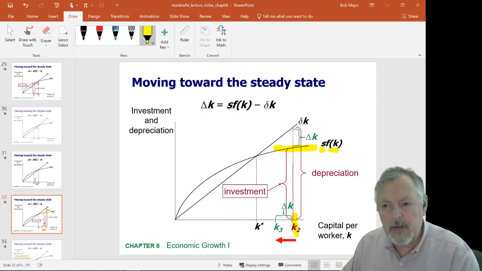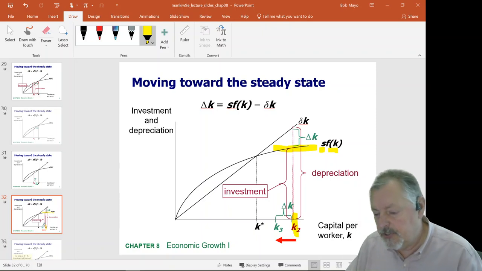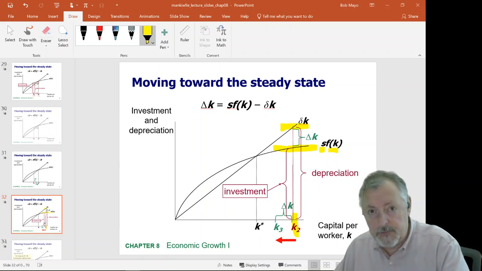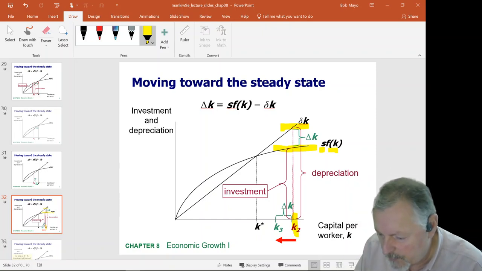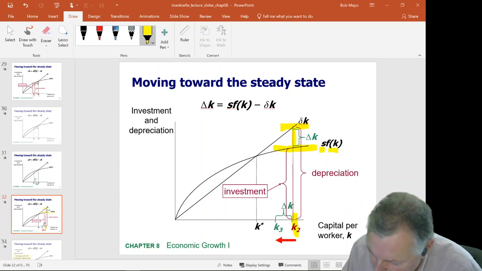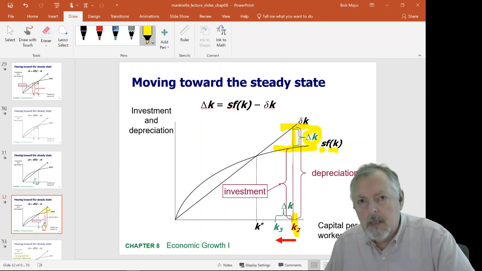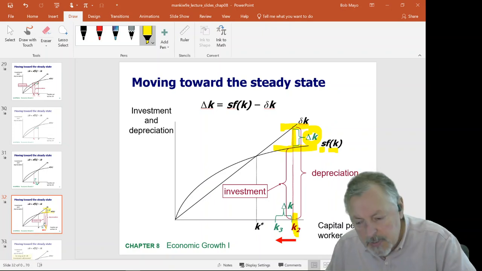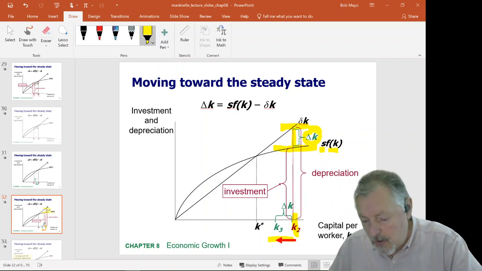But because you already have so much capital, you're losing a lot to depreciation. How much? Well, that much. You're losing more than you're gaining, which means that this term, the difference between the two, delta K, is a negative number. Capital's wearing out faster than you're replacing it, which means over time, your capital per worker will go down.